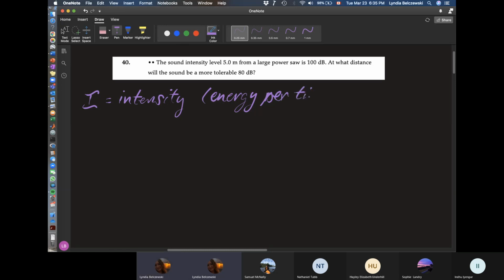Energy per time per area, that's the capital I. The intensity level is just like a scaling system, a way that some physicists once upon a time decided would be a better way of comparing sound intensities. So beta is the intensity level.